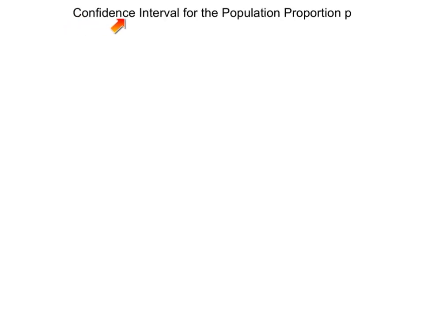Okay, here we're going to look at how to find a confidence interval for the population proportion p. And we're going to be using a sample proportion. So we're going to have a sample of size n. So the size of our sample is n. And we're looking at some proportion. Again, we'll assume our proportion is the number of females. So our number of females could be x, let's say, females, for example.